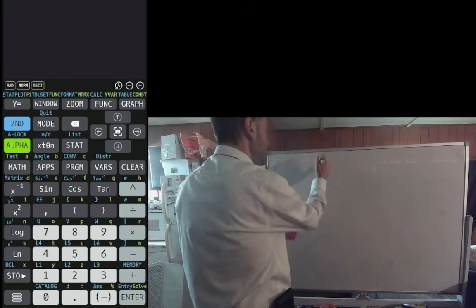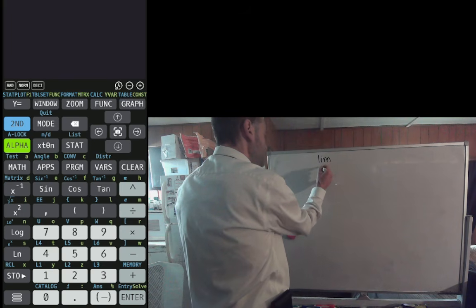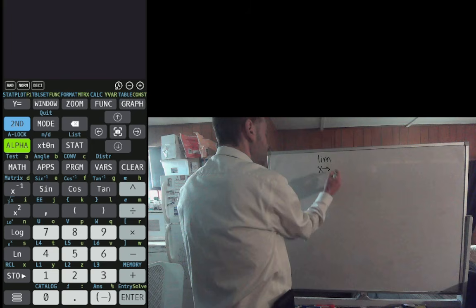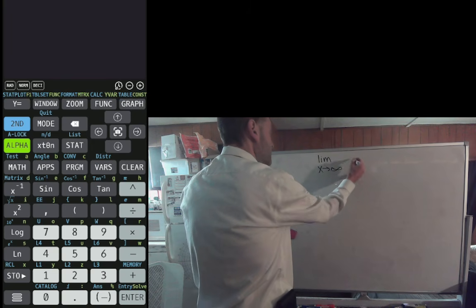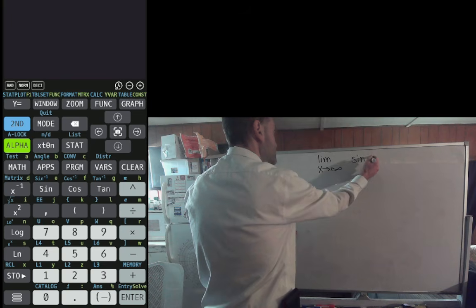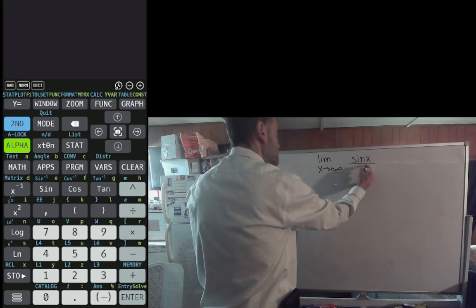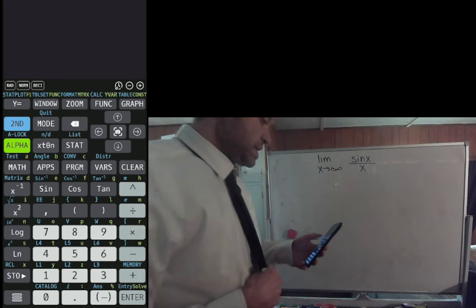Now let's change it on you a bit here. Let's say I have you do the limit as x approaches infinity of the sine of x over x. In fact, I'll throw that up on the screen. This is going to be a bit different.